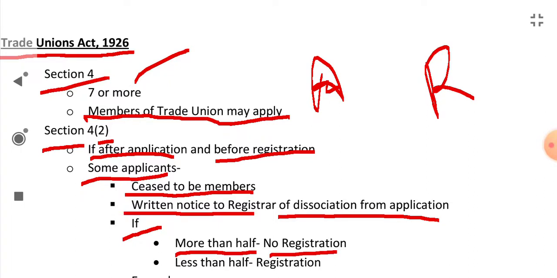If the number is less than half, then there will be registration.